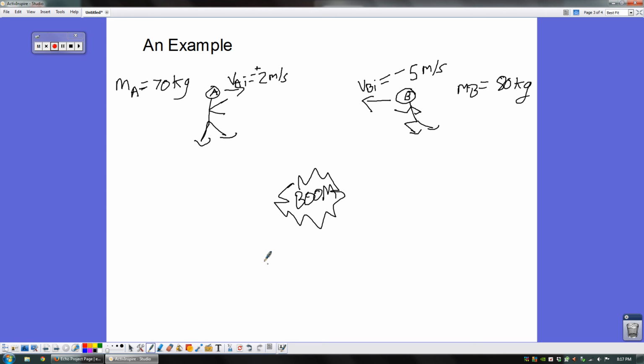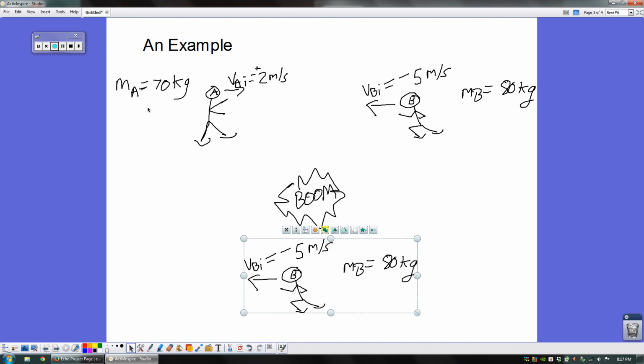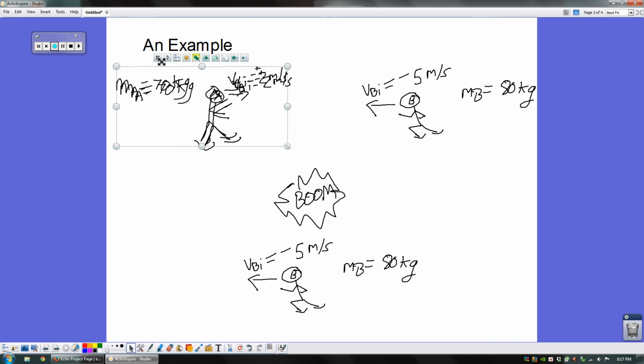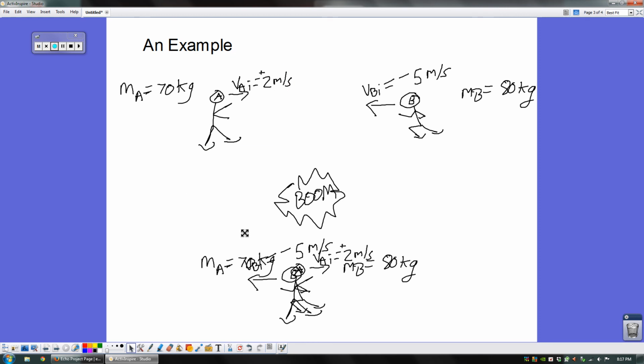Then we got this mass of people. So here we have person B and person A sort of combined together.